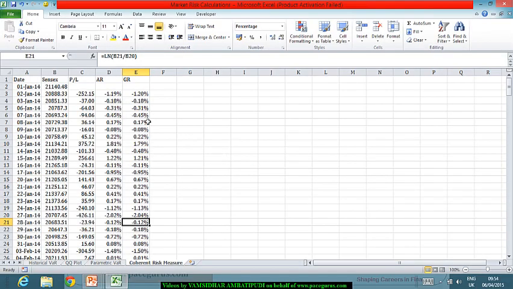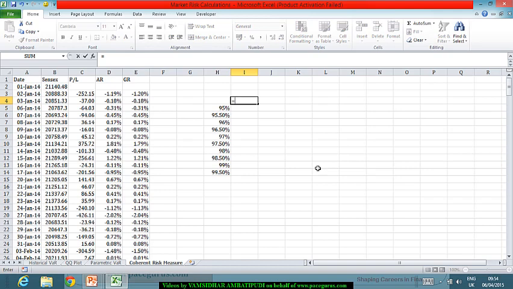In this example, let's say I talk about 95%, 95.5%, and so on up to 98.5, 99, 99.5%. For these various scenarios, I will find out the value at risk in each of them.